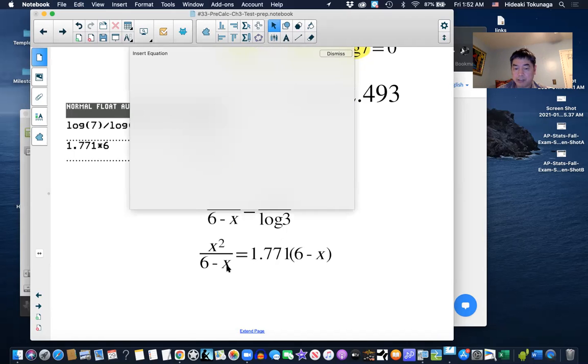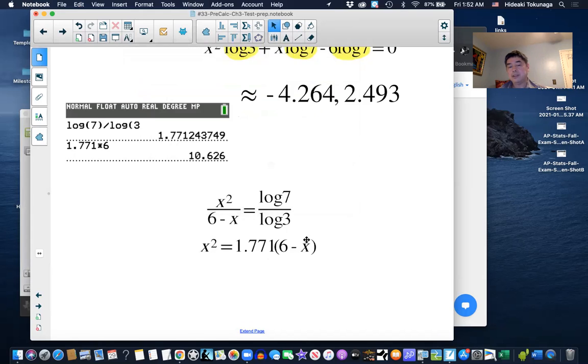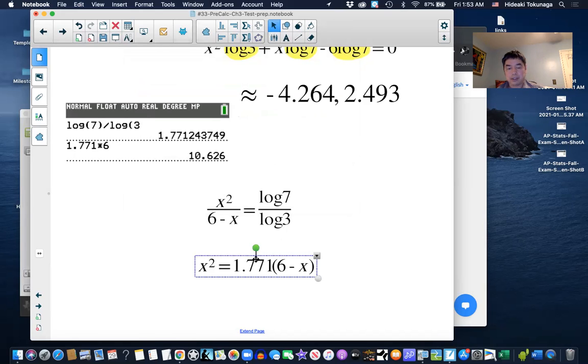Sorry, you switch back and forth, but if you multiply 6 minus x, I don't like to keep this in the denominator, that's why. And you run this, that's why I run times 6, 1.7, so it's going to be 10.626.